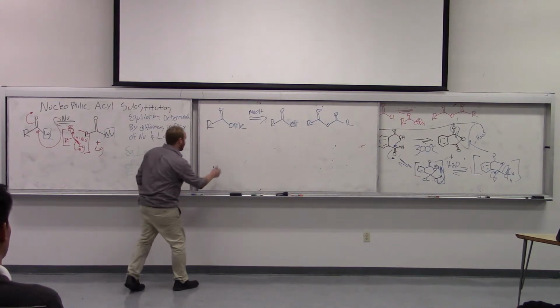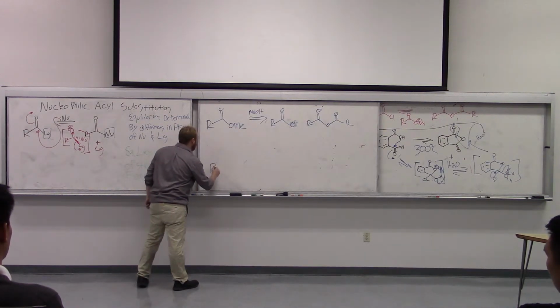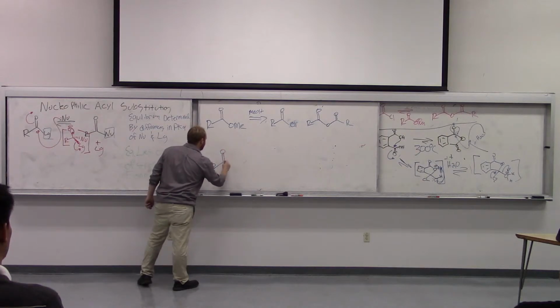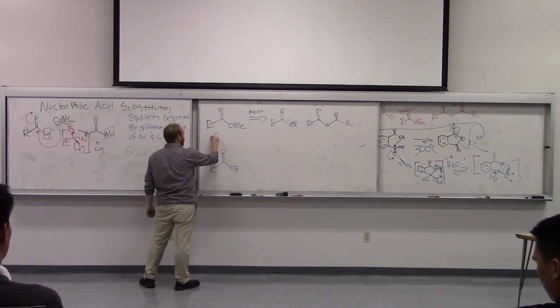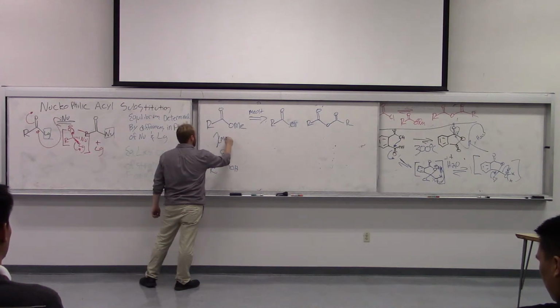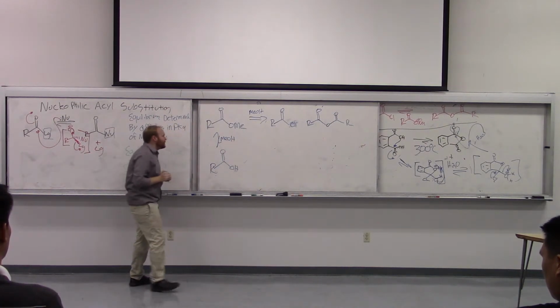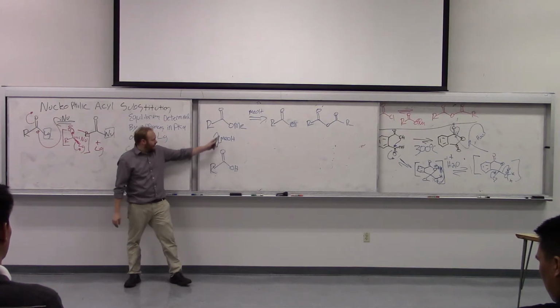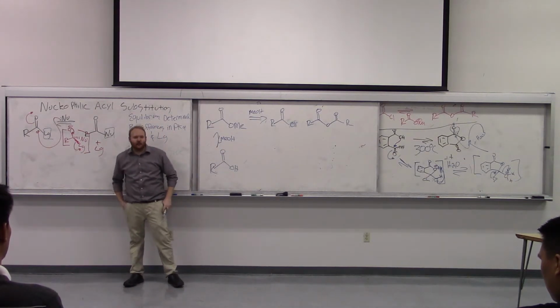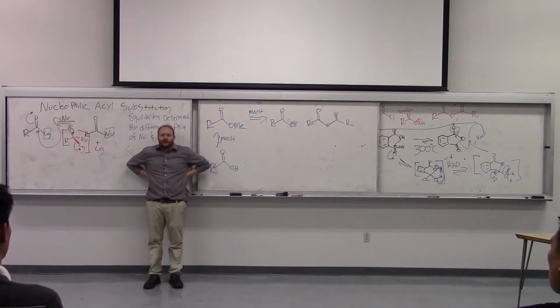Well, in theory, what would happen if we took a carboxylic acid and threw in methanol? This nucleophilic acyl substitution, substituting a water with an alcohol. Where would this equilibrium lie?